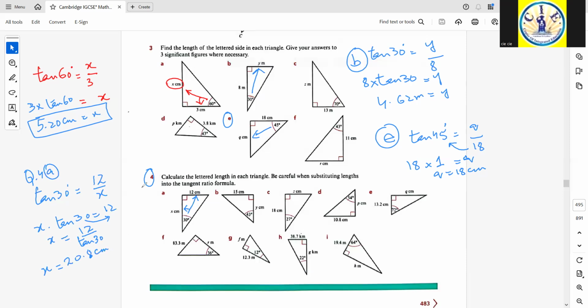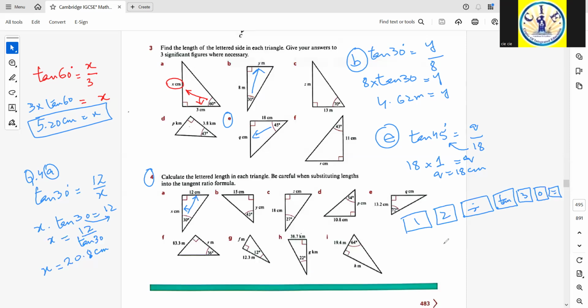centimeters. This is to be done by pressing 1, pressing 2, then pressing divided by, then pressing the tangent key, then 3, then 0, and then equals to. That will give you the answer.